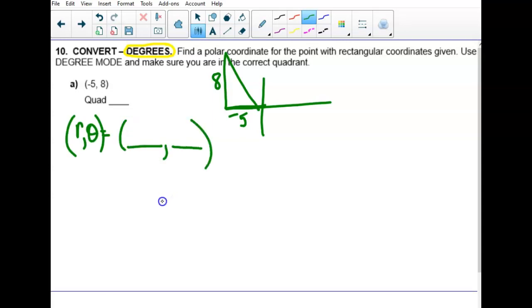How do we find an r and a theta? Yep, Pythagorean theorem, I think you guys said. 64 and 25, is that 89? So you could put square root of 89 here.